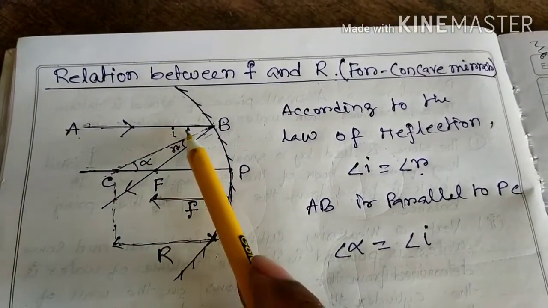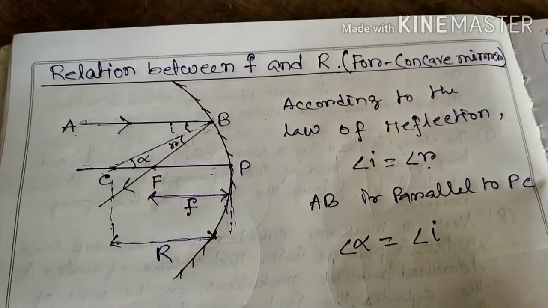So we can write angle alpha equals angle I, because these two are alternate angles.